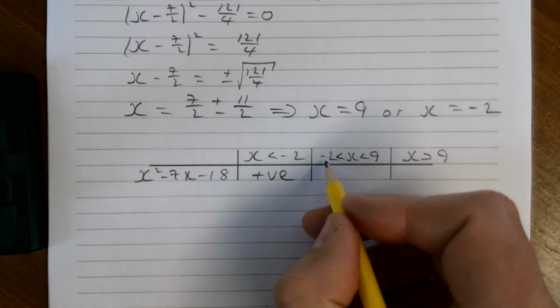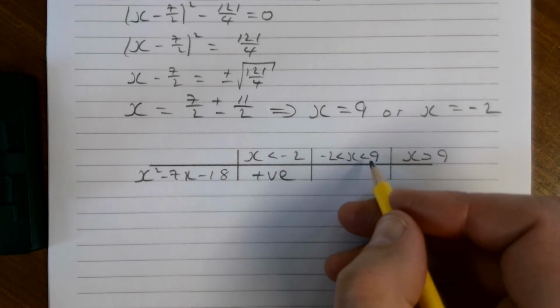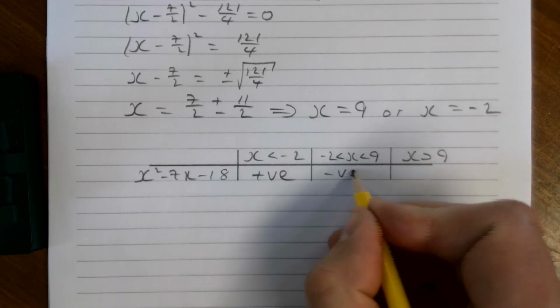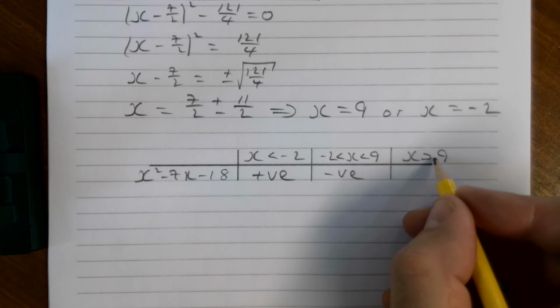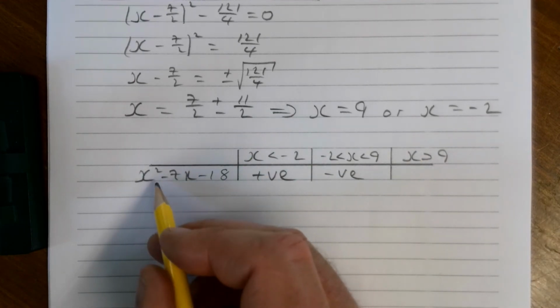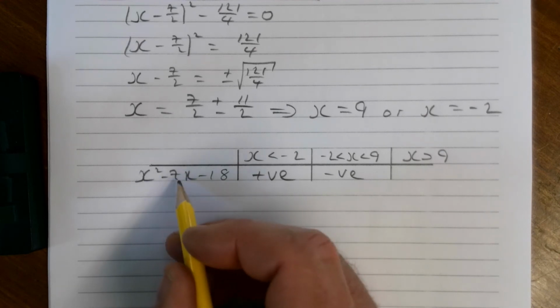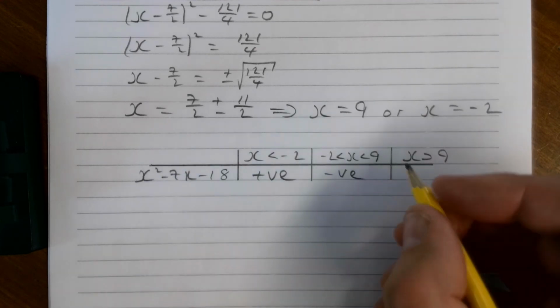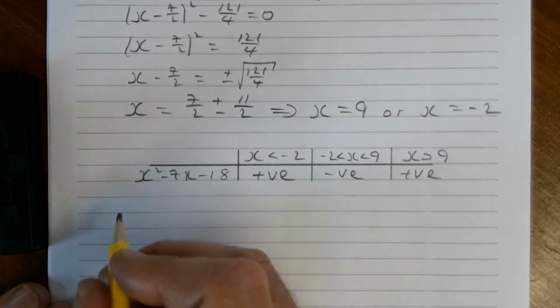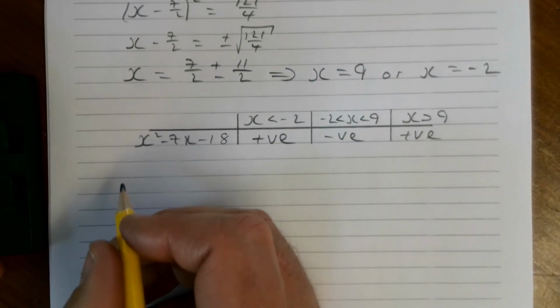If we take a number in between minus 2 and 9, for example 0, that would give us a negative. And if I pick a number greater than 9, that gets so big that it makes everything positive. If you take 10, for example, we get 100, take away 70, take away 18, that gives us a positive number.